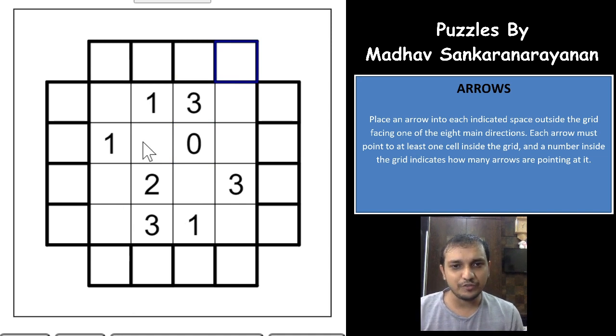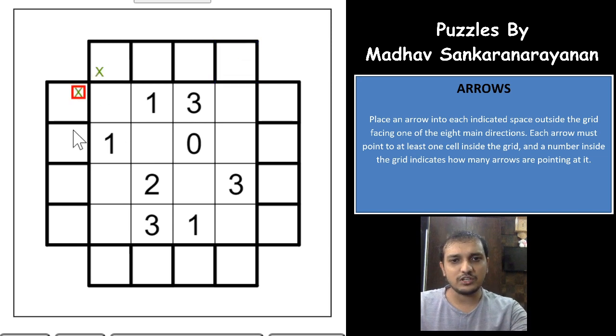The first and foremost thing that you need to do in this puzzle is mark a cross here. Why am I marking a cross here? The most important thing in this puzzle is that every cell has exactly 3 possible placements for arrows. For example, in this cell, an arrow can be placed towards this cell, which is not possible, towards the bottom, vertically, or diagonally this way.